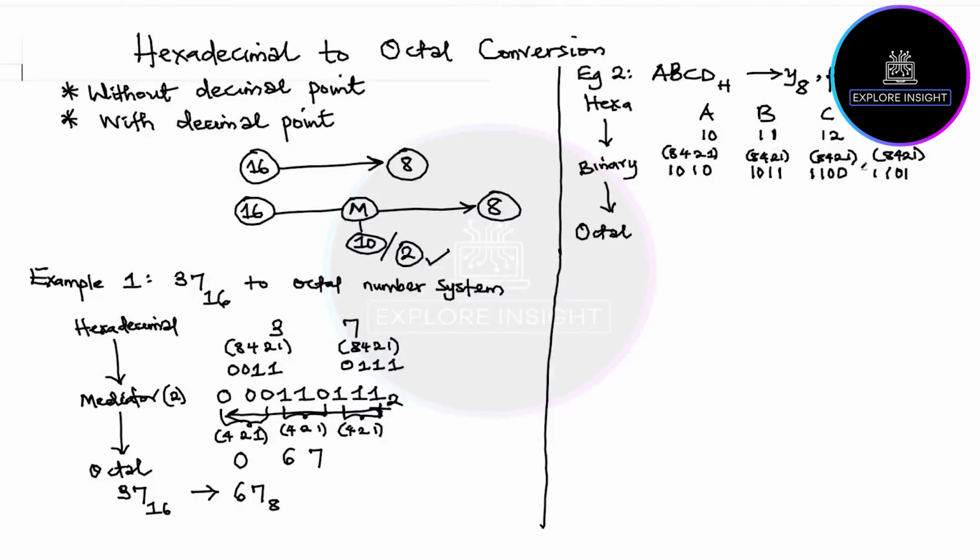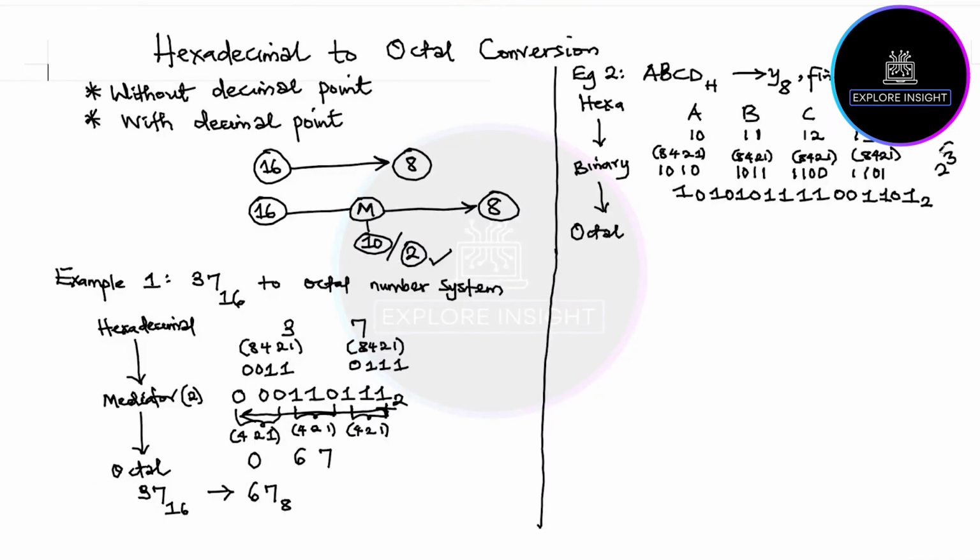We have this value. So I'm going to put that together as 0, 1, 0, 1, 0, 1, 0, 1, 1, 1, 1, 0, 0, 1, 1, 0, 1, which is in base 2. And then, considering the relationship of binary to octal, it is 2 raised to power 3. So we are going to take 3 digits as a set.